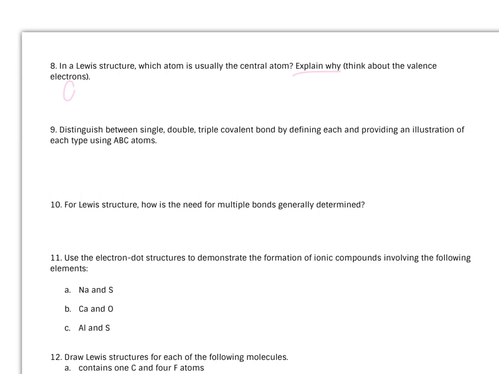It has 4, meaning that it can easily form 4 different bonds, and then it can fill its octet. So basically, it's willing to give up or share its electrons so it can fill its octet. It easily shares electrons to fill its octet.